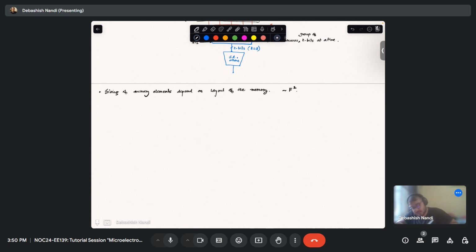What is F? F is the minimum feature size of the technology. That means the minimum width of the metal line you can draw through the lithography process, okay, for a particular technology.